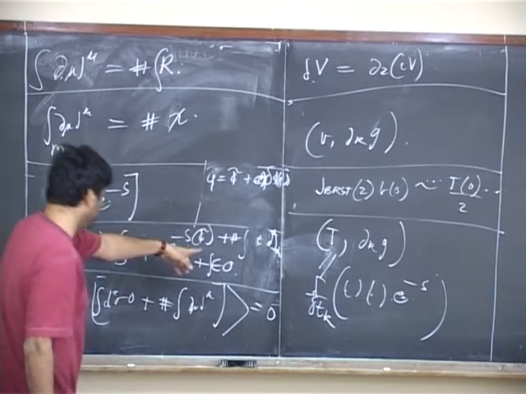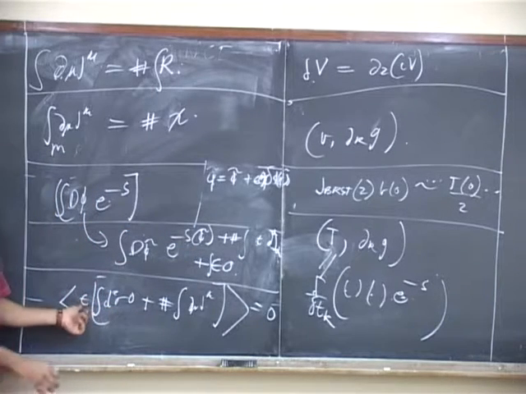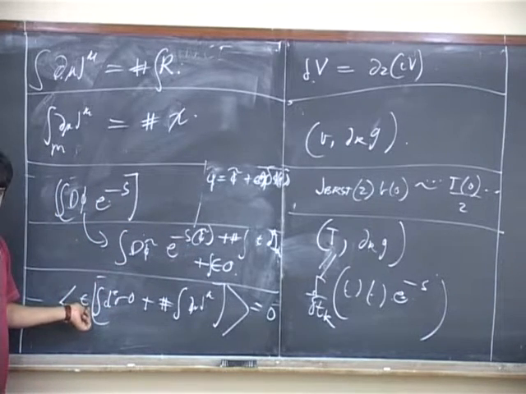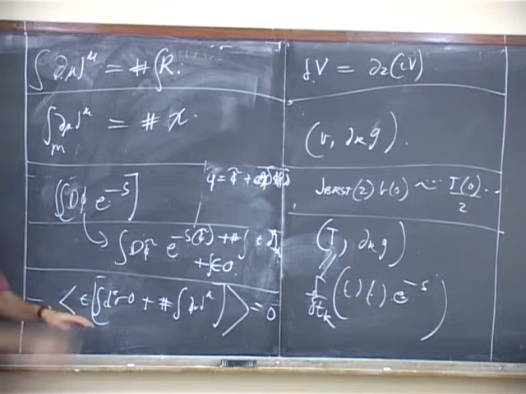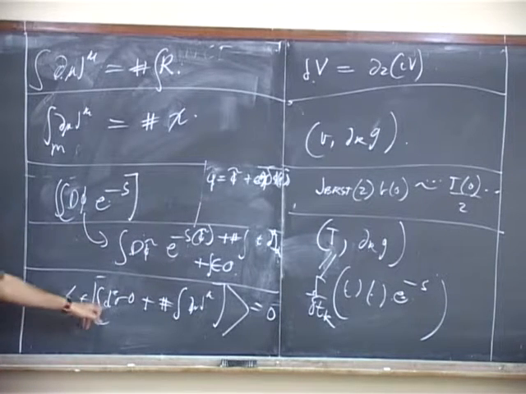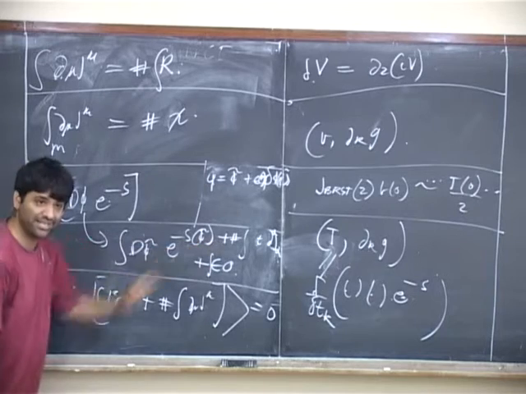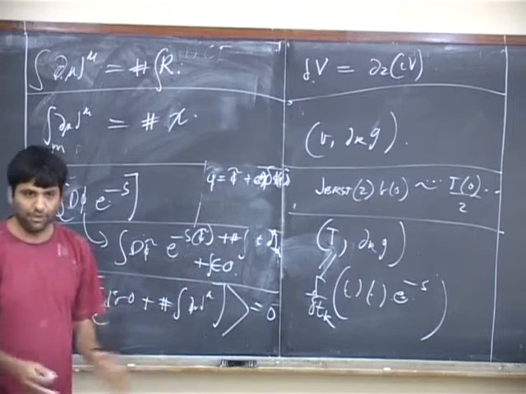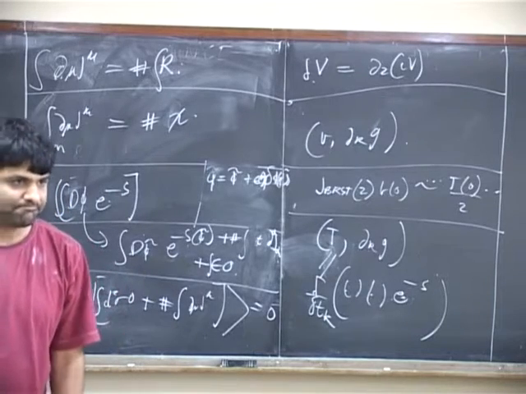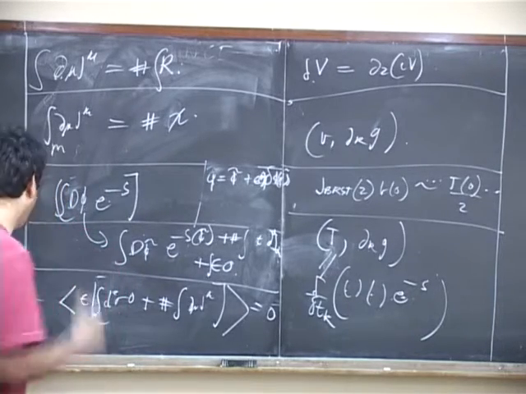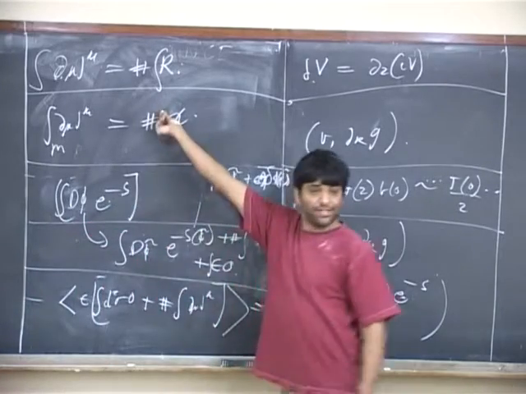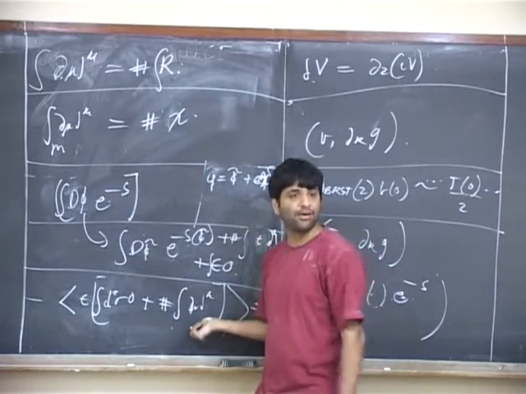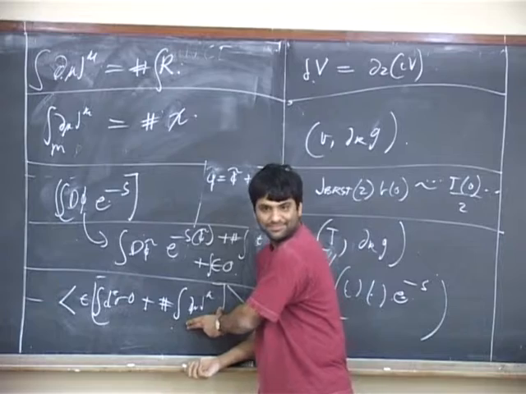However, we derive some other equation, and in particular, if we choose epsilon to be a constant, okay, constant over all of the manifold, we find that the integral over this other object, whatever it is, plus the integral of del mu j mu over the manifold is equal to 0. Okay, but in our situation here, we know what the integral of del mu j mu in this set of path integrals is.